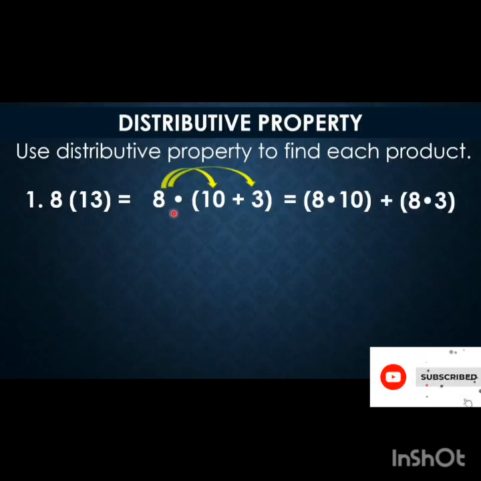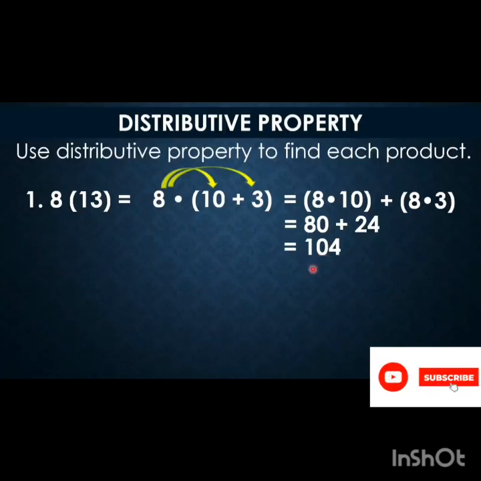That means 8 times 10 plus 8 times 3, which is 80 plus 24.